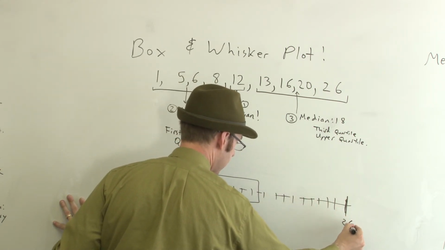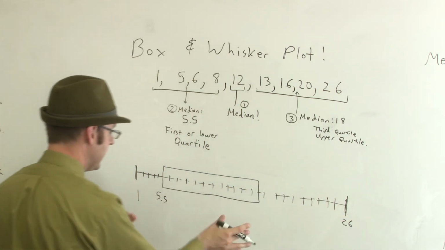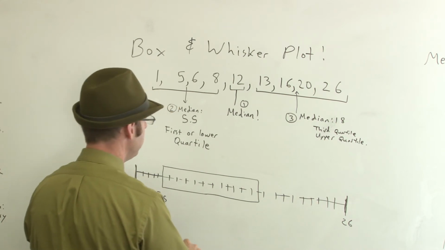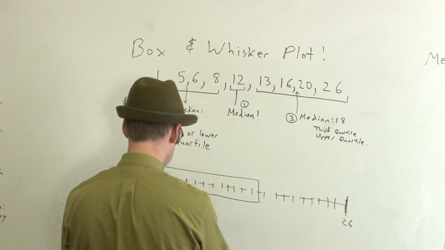Okay. So I'm trying to get an idea for this guy spaced out. So 5.5 is that, 18.